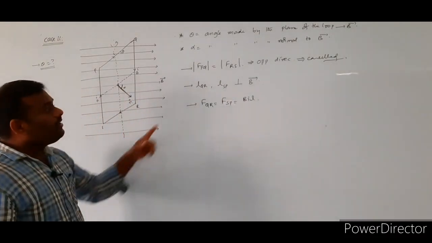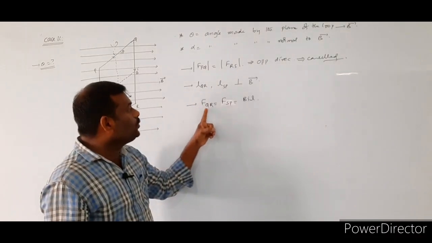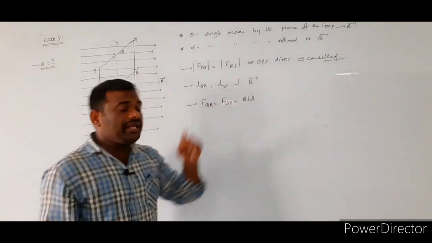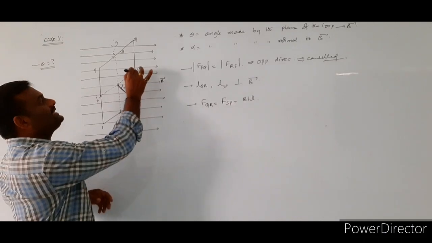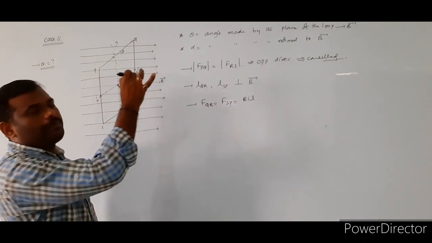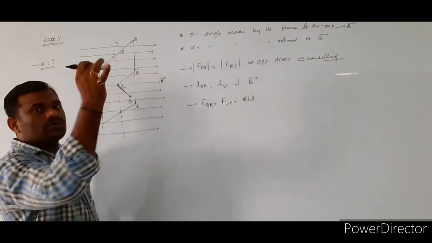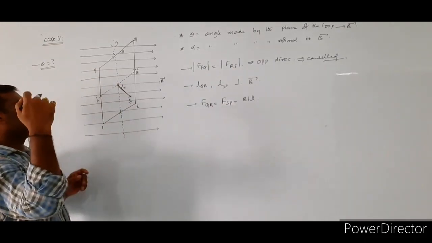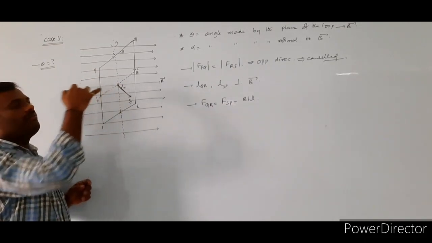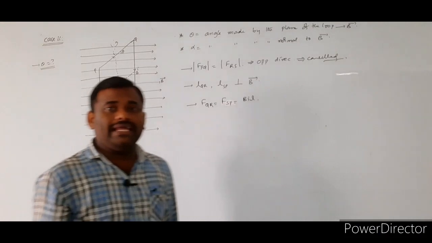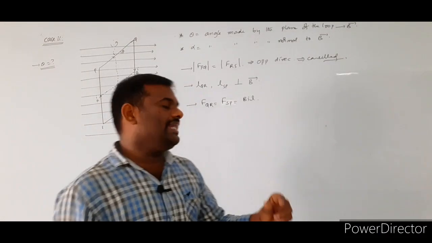Already we told what the directions of QR and SP are. The force acting on QR is acting out of the plane of the paper, as well as the force acting on the side SP will be acting into the plane of the paper.